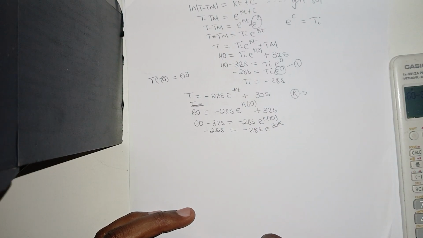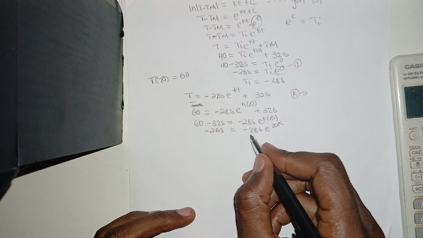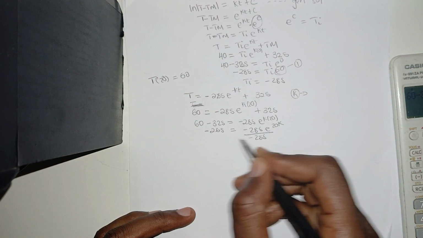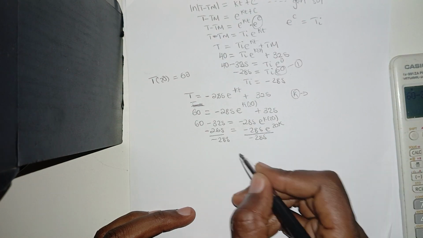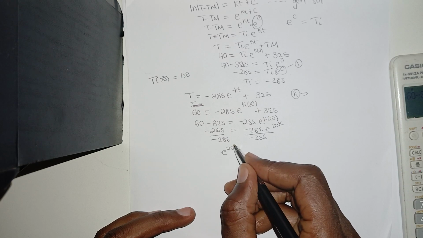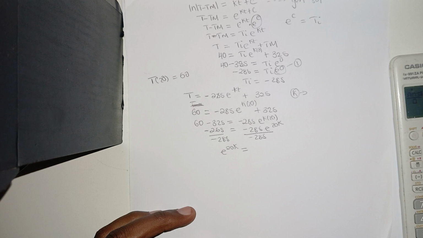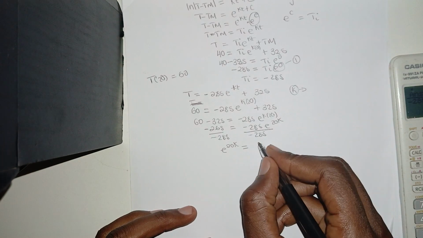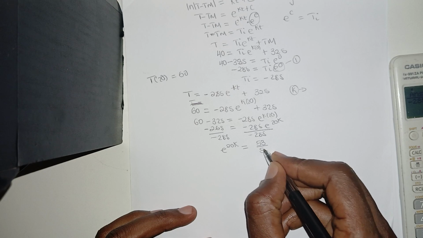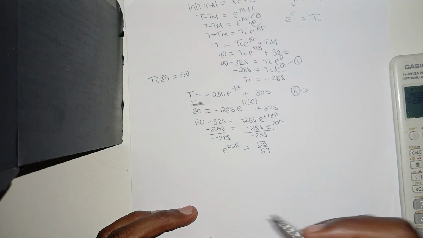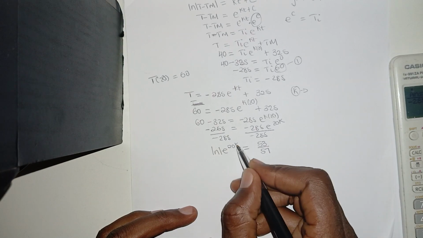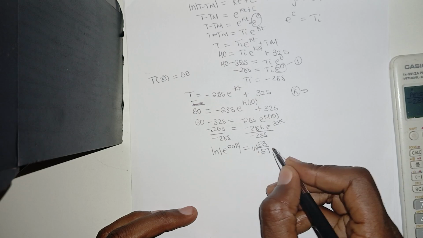Now we have to divide both sides by negative 285, then e to the power 20k is equal to negative 265 divided by negative 285. So that's 53 divided by 57. Now we have to apply the natural logarithm.